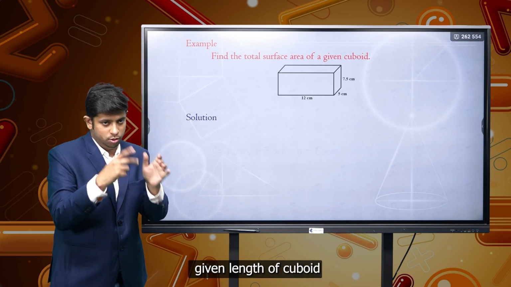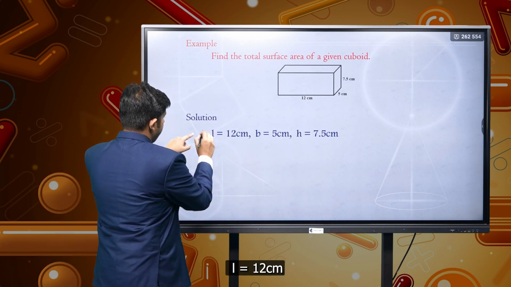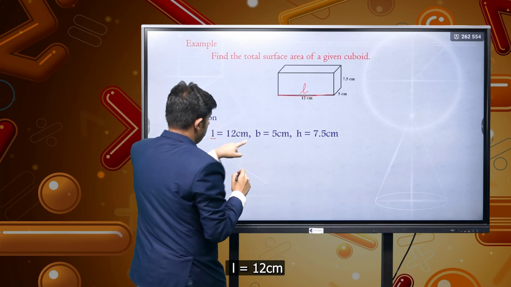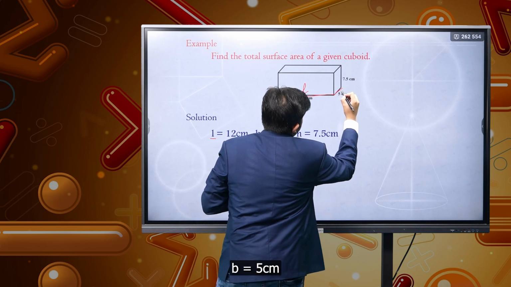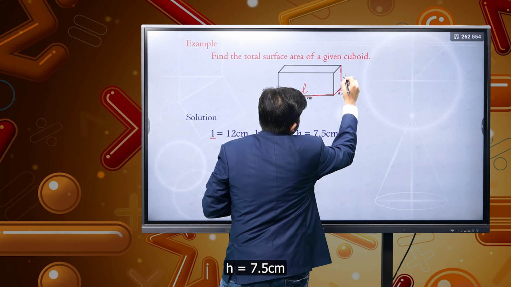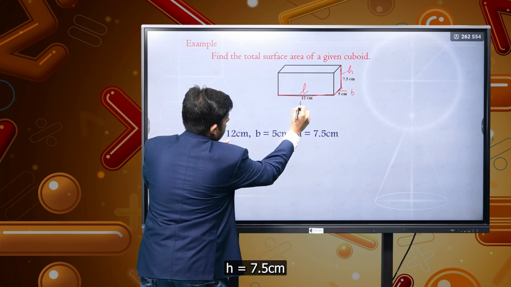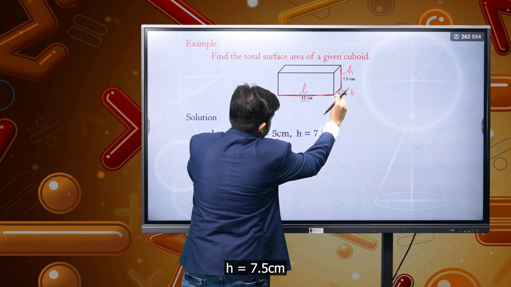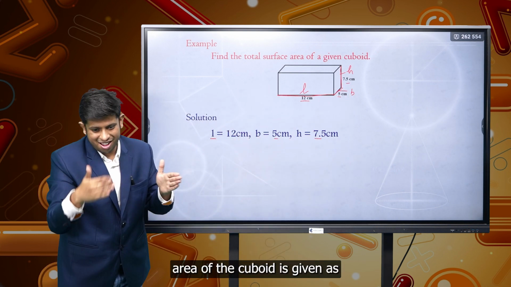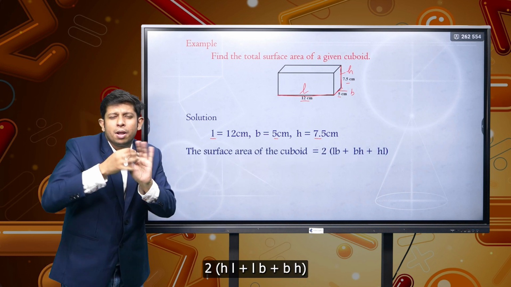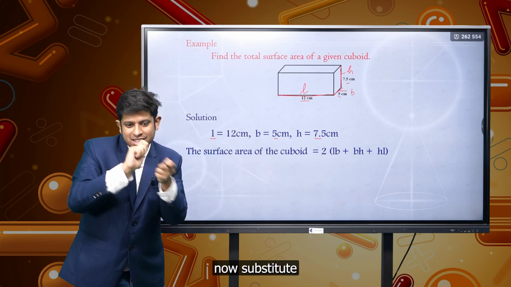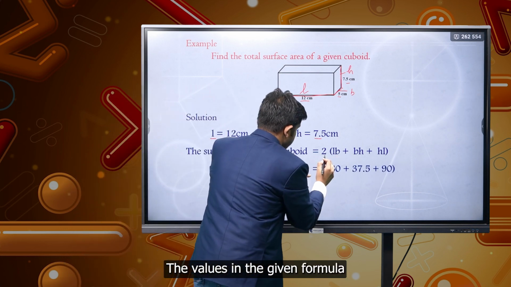Solution. Given length of cuboid L is equal to 12 cm. Breadth of cuboid B is equal to 5 cm. Height of cuboid H is equal to 7.5 cm. We know the total surface area of the cuboid is given as 2 into LB plus BH plus HL. Now substitute the values in the given formula.